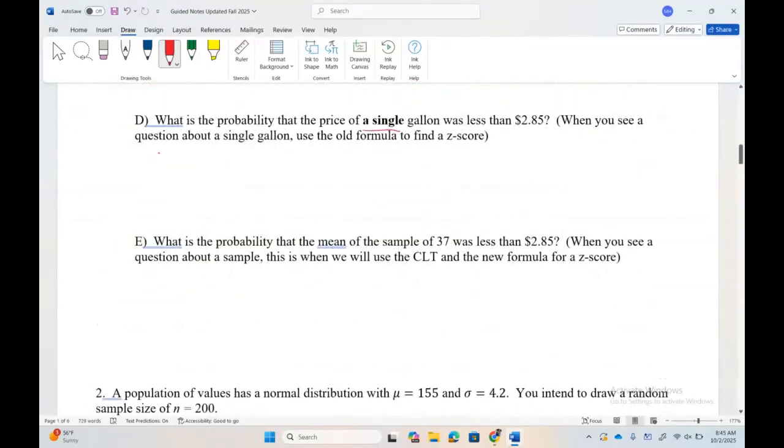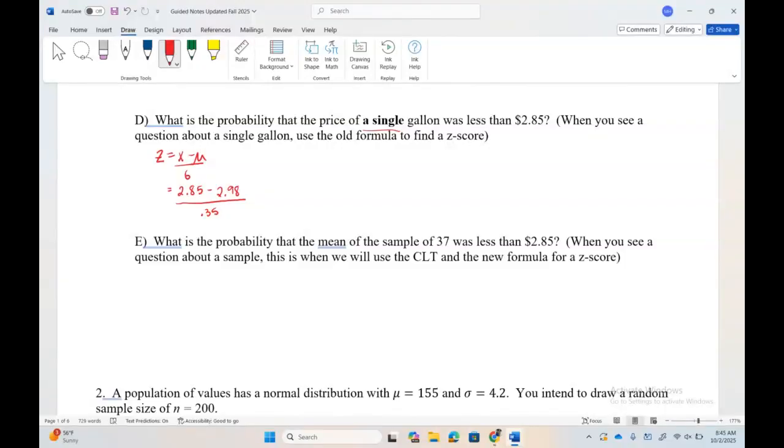So I'm going to say that Z equals X minus the mean over the standard deviation. My X now is 285, minus the mean, which was 298. And our standard deviation was 35 cents.